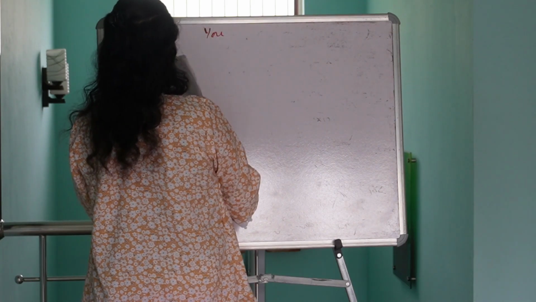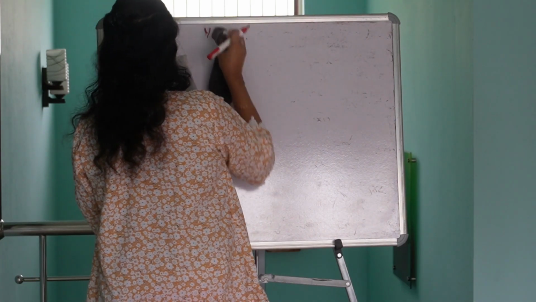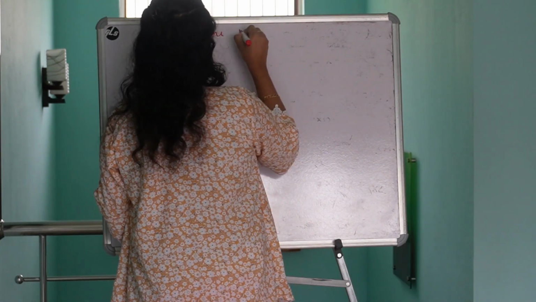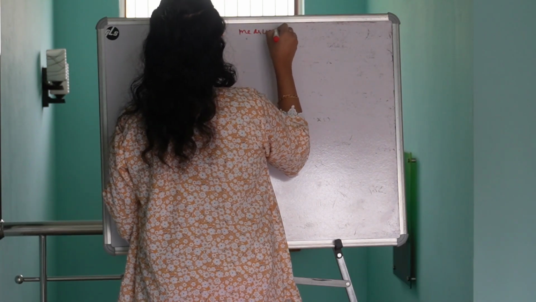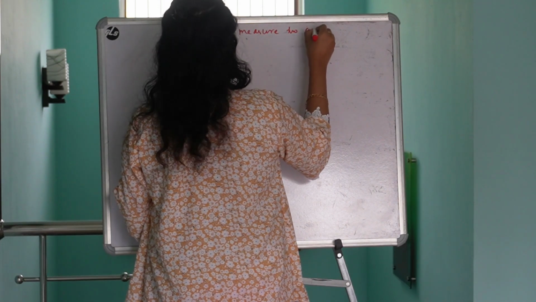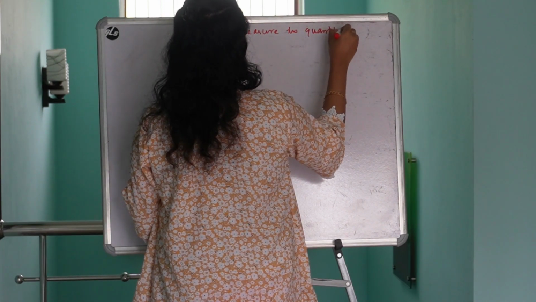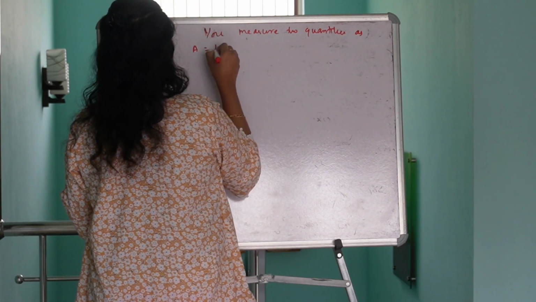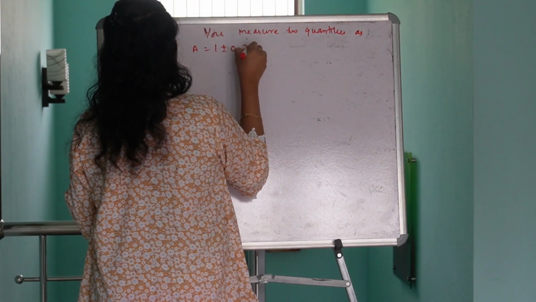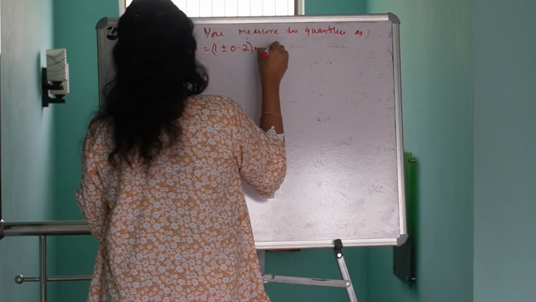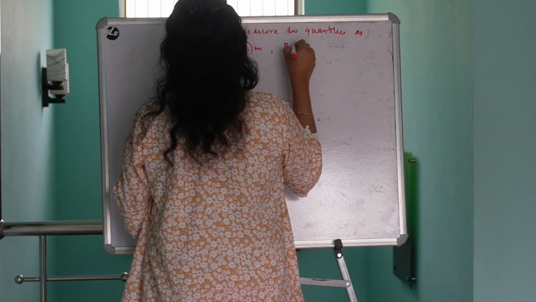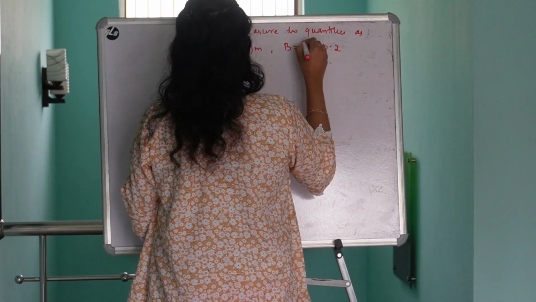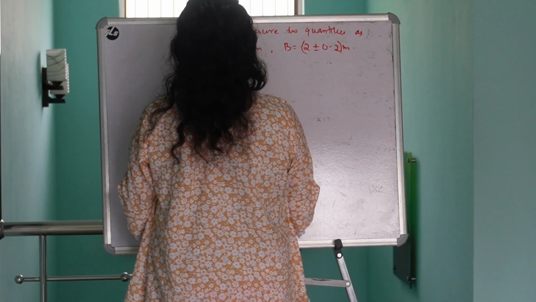You measure two quantities as A is equal to 1 plus or minus 0.2 meter, B is equal to 2 plus or minus 0.2 meter.